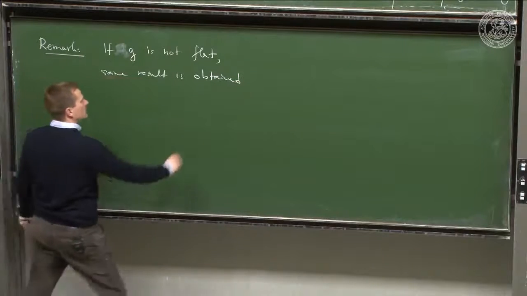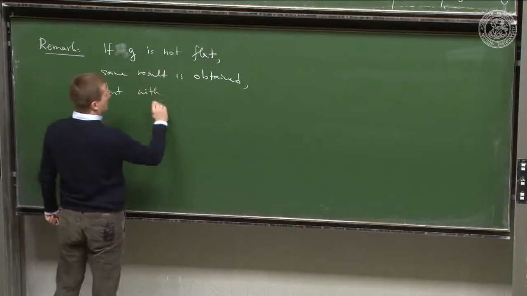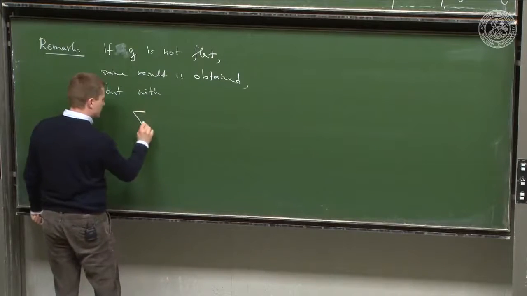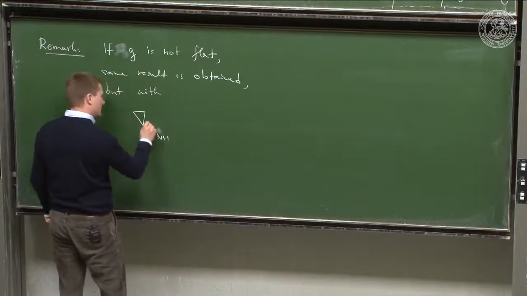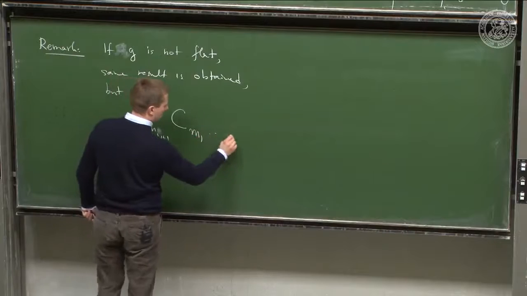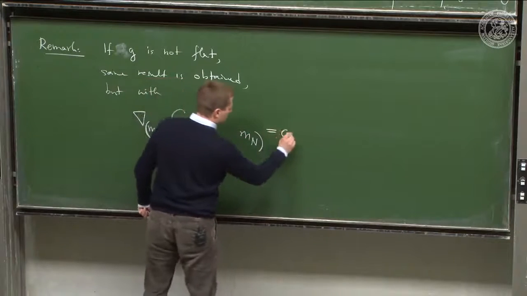The same result is obtained, but with the covariant derivative m n plus 1 symmetrized C m1 up to mn symmetrized equals 0.